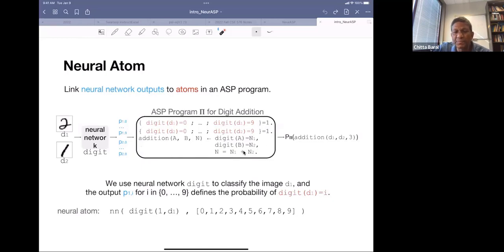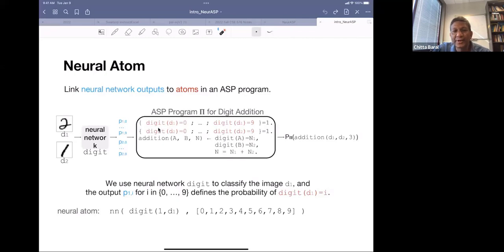Now this is the ASP part. I already showed you the same one. It says that digit D1 has a value from 0 up to 9, and that you should have answer sets. I'm not sure, June might clarify, is the one missing here?